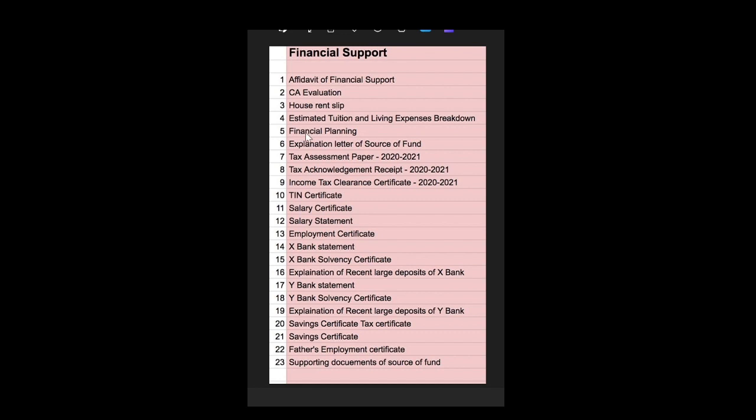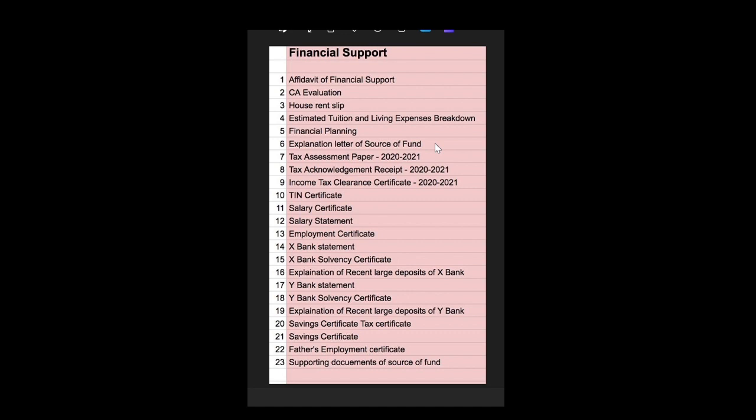And then an explanation letter of source of fund. You can also make a letter of explanation about how your funds are flowing, like how you have access to the funds, and how it will be paid to ultimately service your tuition fees and also the accommodation.